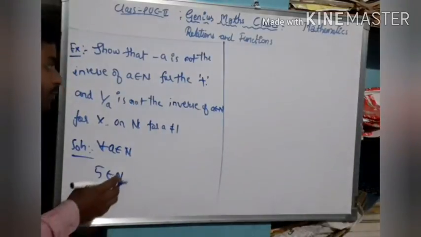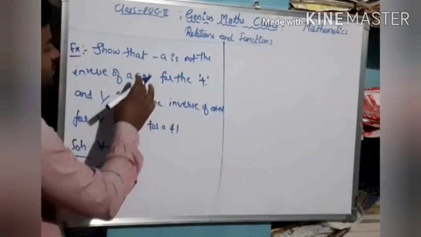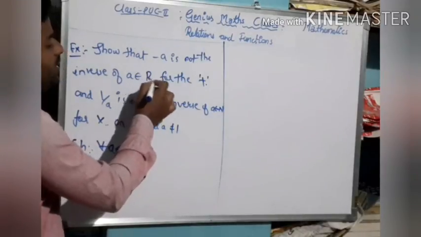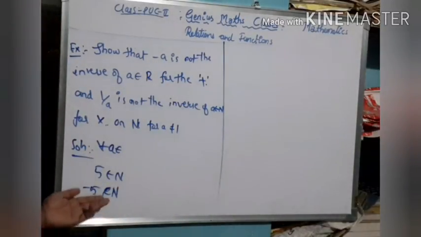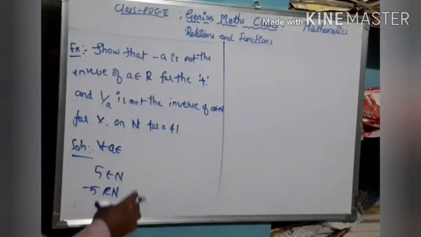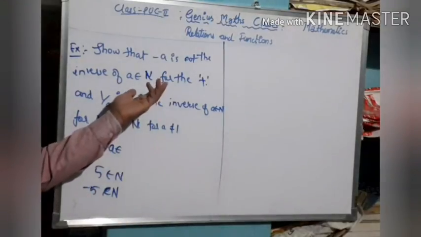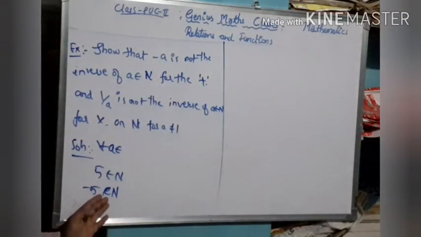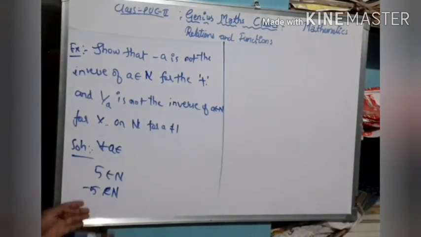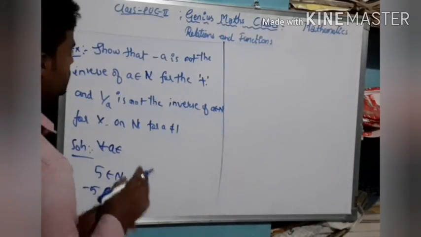If you consider real numbers, then it is obviously the inverse, but here I am talking only about the natural numbers. Minus 5 is not in the natural number set, therefore minus a is not the inverse.